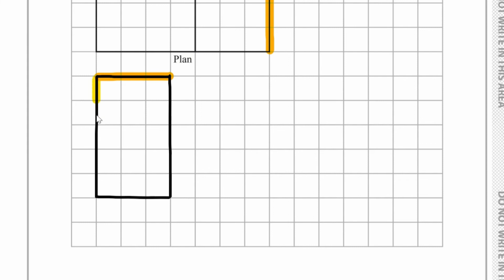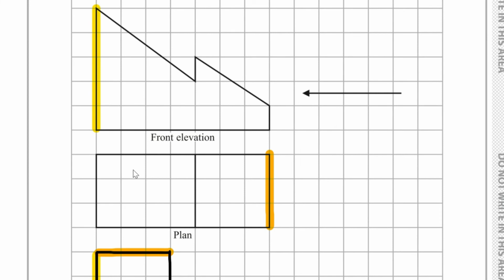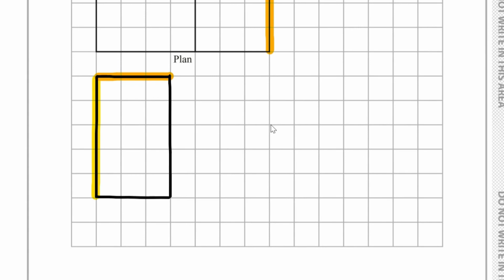So we have something which is 5 squares long, and then we also have this bit over here which we see, which is 1 square up, and that takes us to this point here.